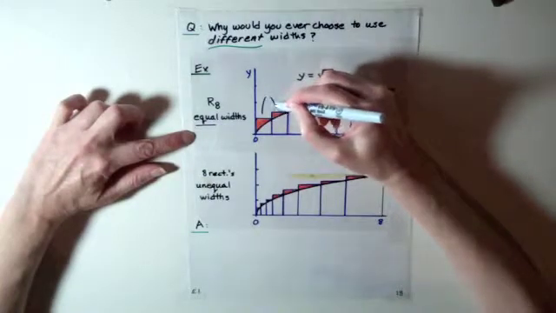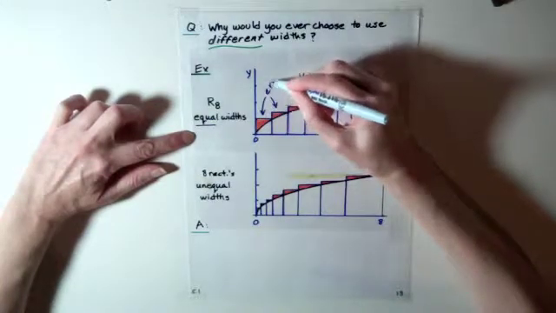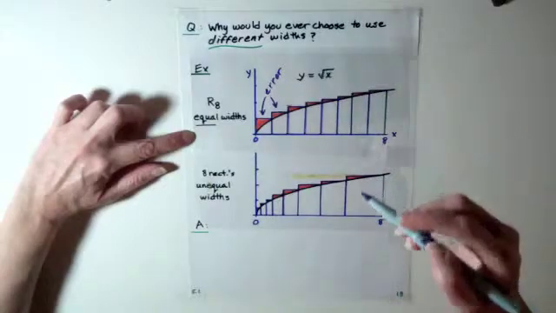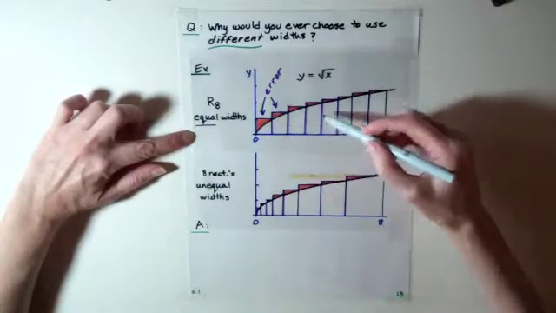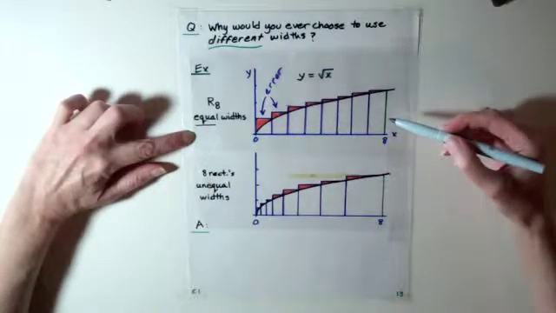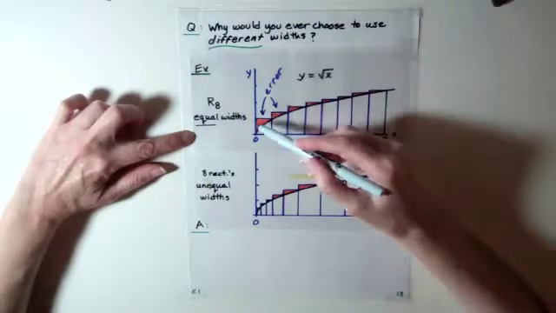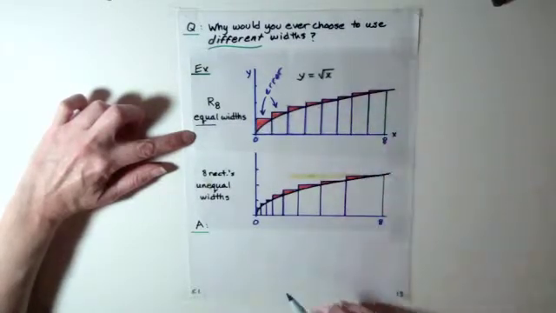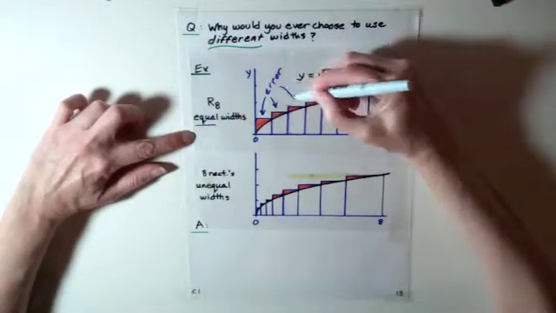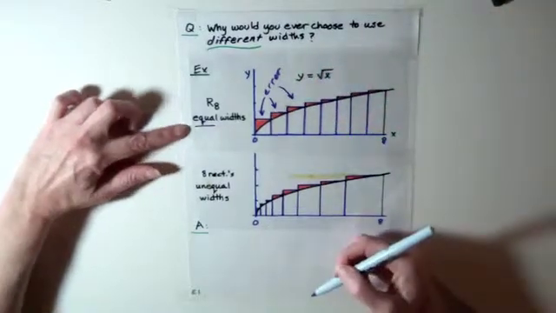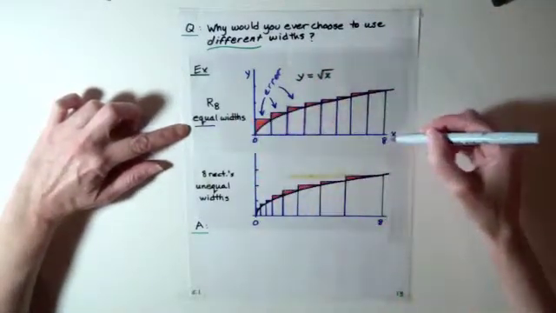So these things here, these orange parts, are the error. It's how much our rectangle estimate of the area under the curve is off. That's how much each of these rectangles is hanging over. So this red part here is the error, and this is what it would look like with equal widths.